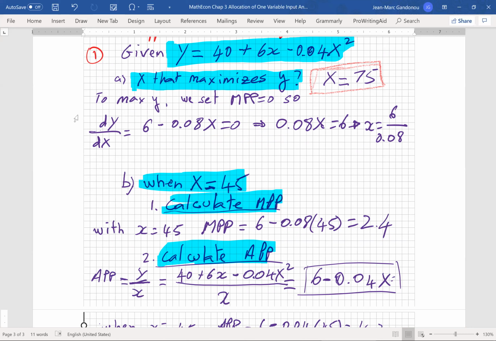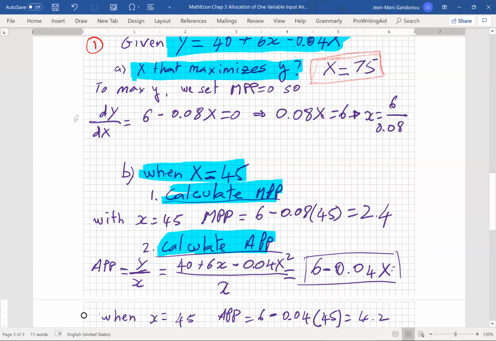If you don't have the prices, you cannot set marginal physical product equal to the ratio of prices. So what we're going to do, which is also valid, is set the marginal physical product equal to 0. Whether we set marginal physical product equal to 0, or value marginal product equals px over py, we are optimizing exactly the same way.